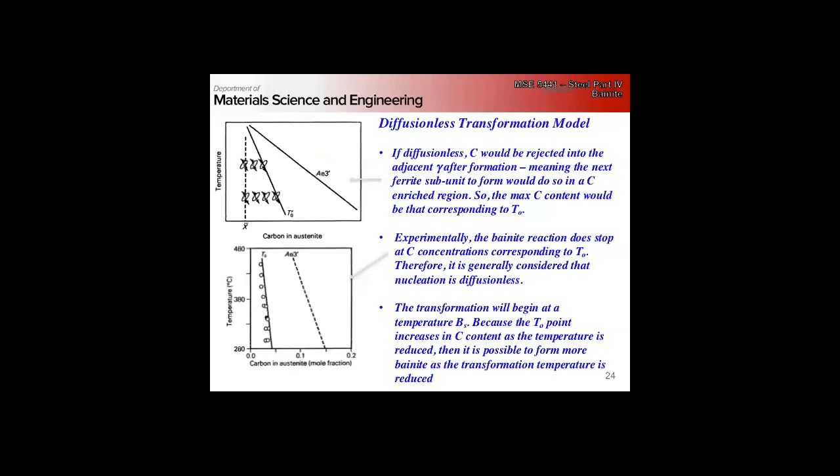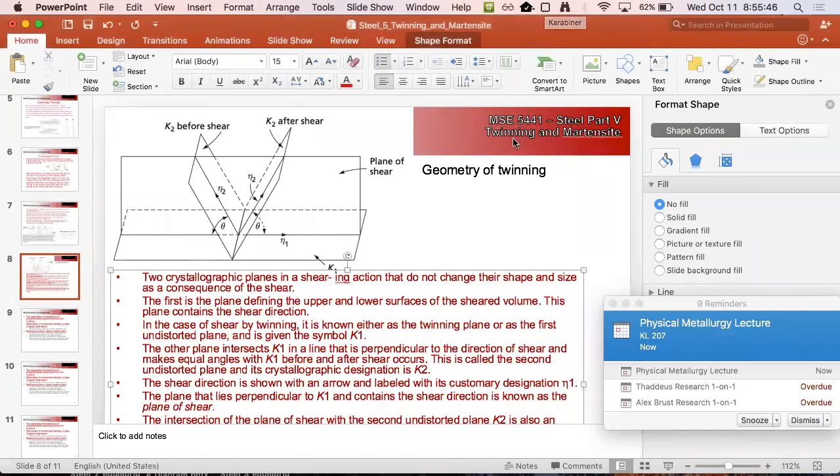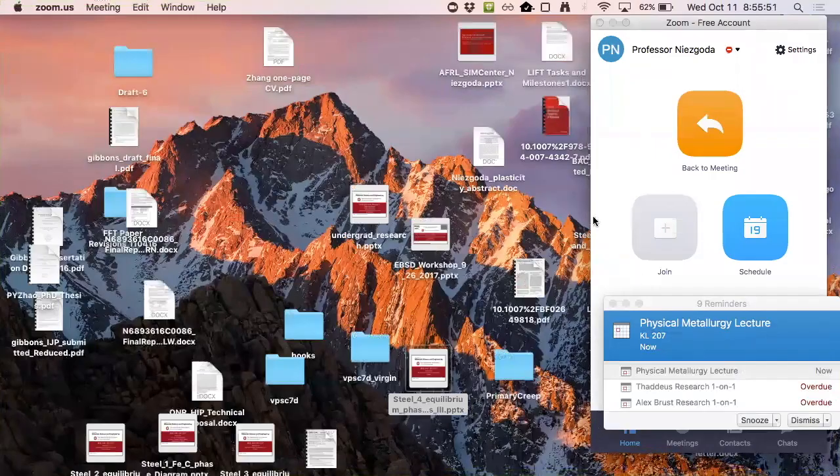Based on this, I think this is pretty compelling experimental evidence. But there are people who find things to disagree with, and people who do a lot more steel work than I do. So my opinion is not the be all and end all of the discussion. So we will revisit that on Monday and finish off bainite.